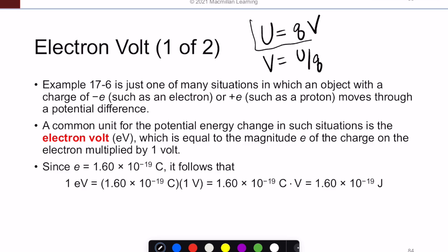So take a look at this. If potential energy is equal to charge times voltage, I can express a unit of energy as a charge times a voltage, a QV or a CV.